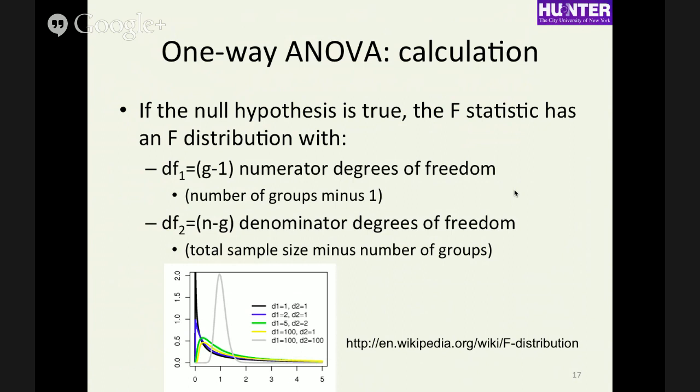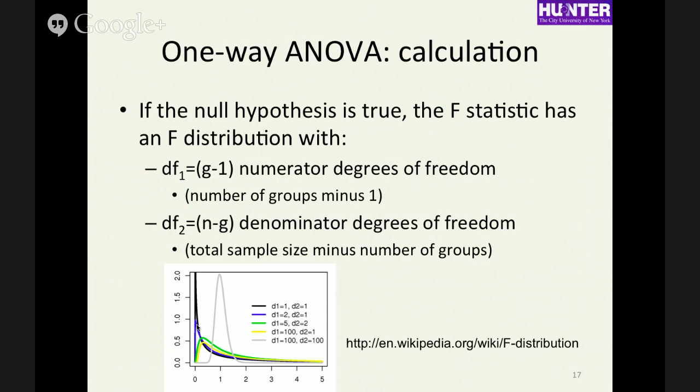Does that make perfect sense now, that your numerator is the differences between the groups and your denominator is the differences within the groups? So that when you have big differences between the groups, you get a big F statistic. And that F statistic depends on your number of degrees of freedom in each.